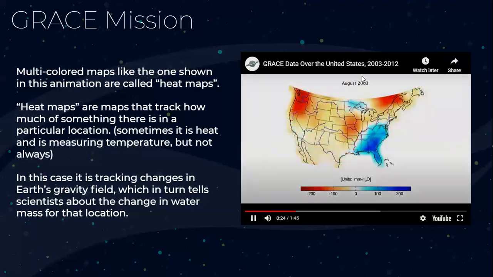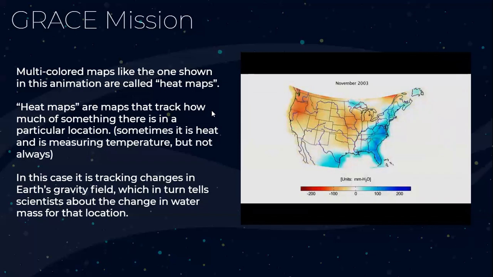So you'll see here that it's changing per month. We're in the year 2003. Now we're in 2004. Wow, we got a little dry there in West Virginia that time. There it got dry again.